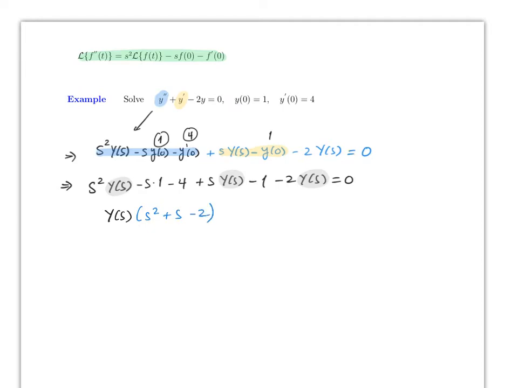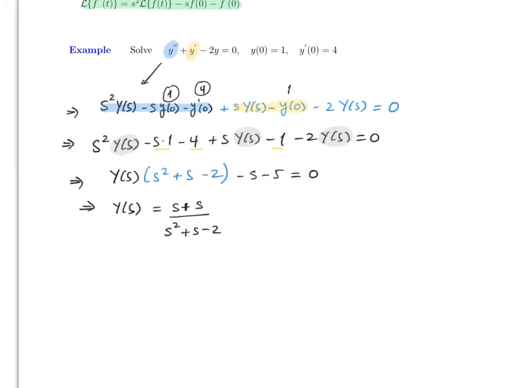If we simplify the other ones, we have minus s minus 5 is equal to 0. So therefore we have the Laplace transform of y is equal to s plus 5 divided by s squared plus s minus 2. This should actually be plus.